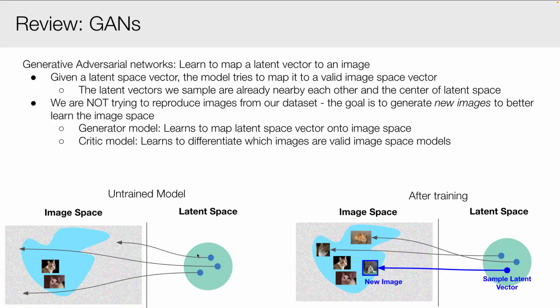Again, all those numbers are fairly close to each other. And then for each of those random latent vectors, we learn to map them to image space. So we start with our latent space vectors already close together, but they point to noise in image space, and we're basically teaching them to point to the subset of images that we want.